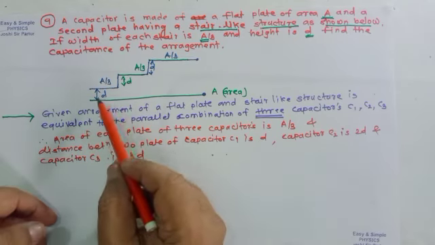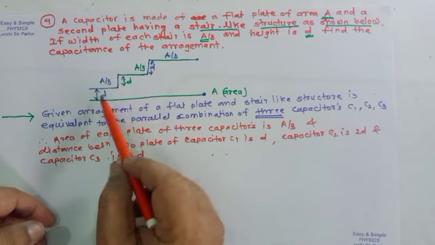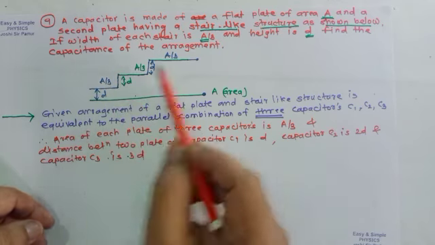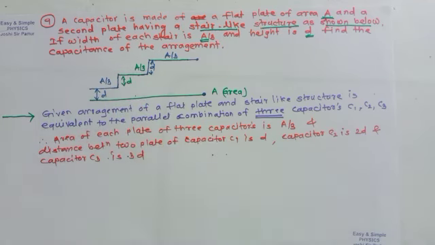Means these two plates D is there, these two plates 2D is there, and these two plates 3D. The distance between two parallel plates are there.